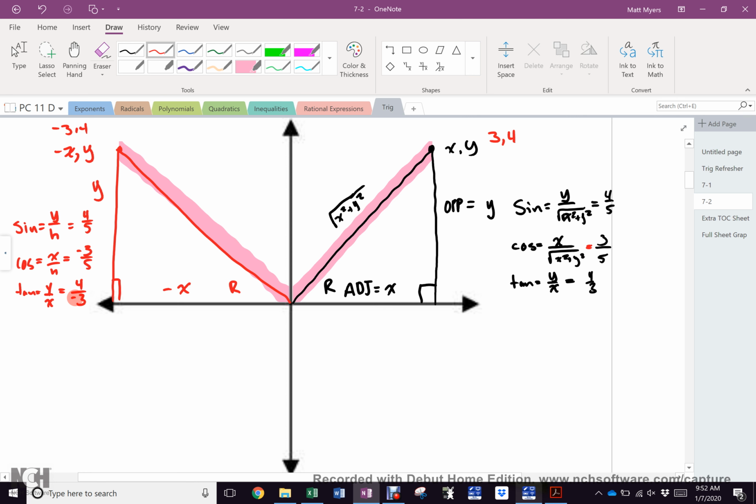Now, what does that tell you? Black R and red R are the same, aren't they? Right? And they have the same sign, don't they? So what does that tell you about that theta and that theta's signs?